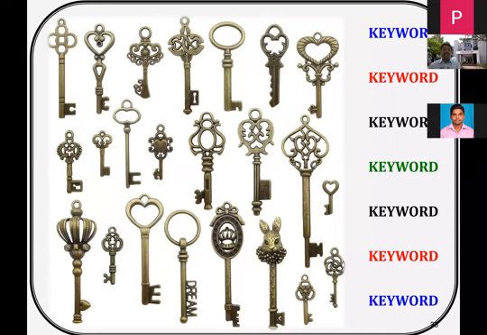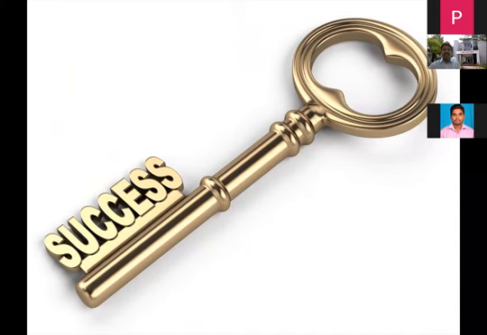So these are the key things for your success. If you have a large collection of keywords, that is the first criterion to be successful in getting better and better, new ideas and new meaning.